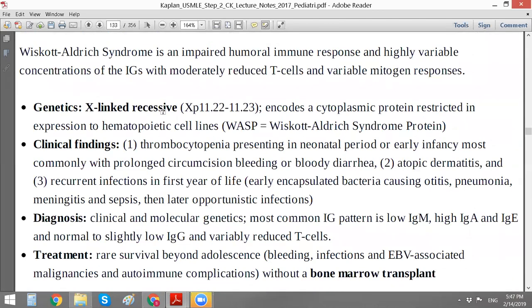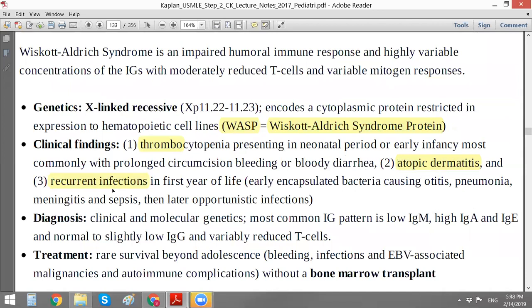Genetics: X-linked recessive. WASP is the Wiskott-Aldrich syndrome protein, a cytoplasmic protein. Thrombocytopenia, atopic dermatitis: eczema, low platelets, and recurrent infection.